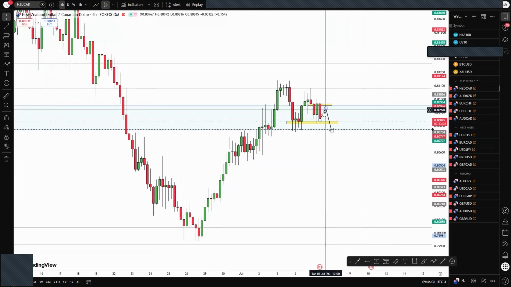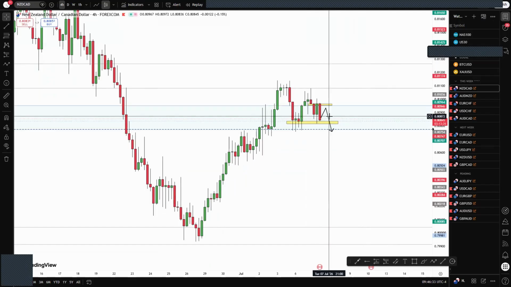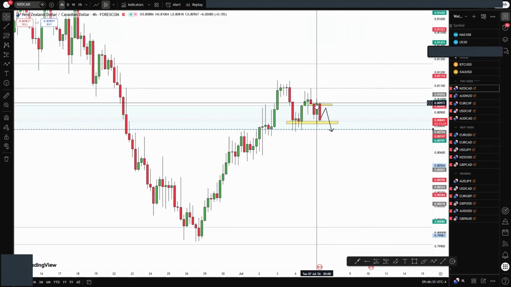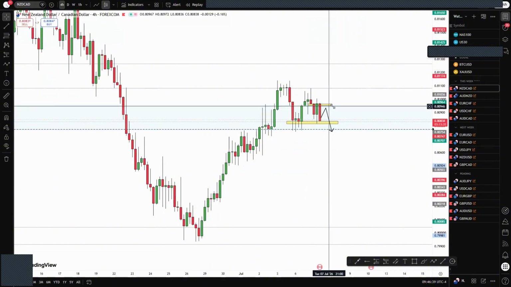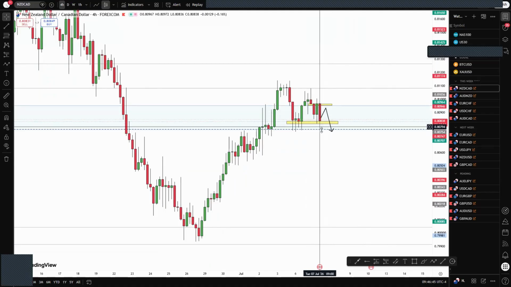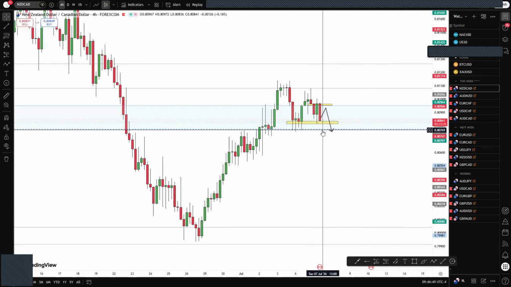what the 4 hour time frame did was, price came back here, like I told you, and was supposed to fill out this level, right? And so price has opened.